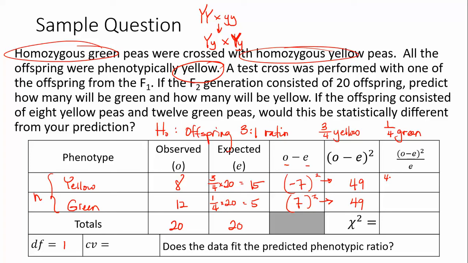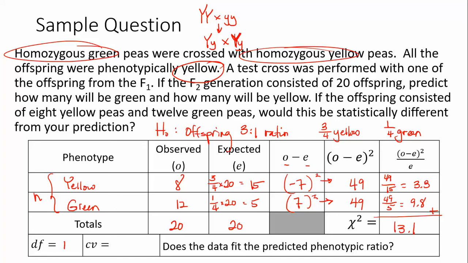So for the yellow, 49 divided by 15, which is going to give me 3.3. For green, that's going to be 49 divided by 5, which is going to give me 9.8. Now, my chi-squared value is what happens when I add those together. So I'm going to add them up, and when I do that, it's going to give me 13.1.